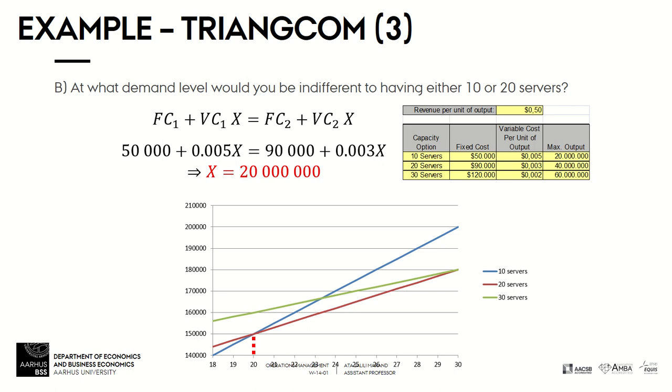For example, this 20 millions that we calculated is in fact the point at which the total cost line for the first alternative and the total cost line for the second alternative cross each other. In a similar way, we can calculate the indifference points for the other 2 pairs of alternatives.